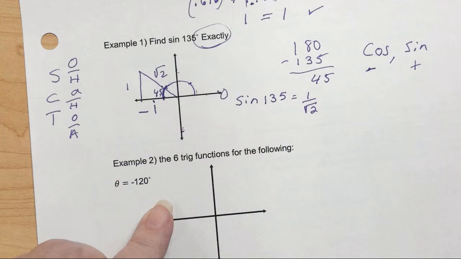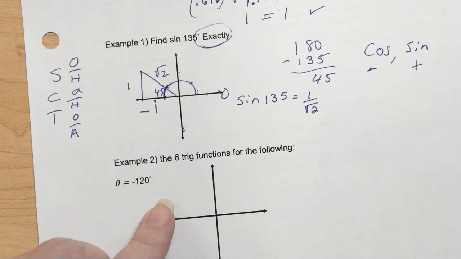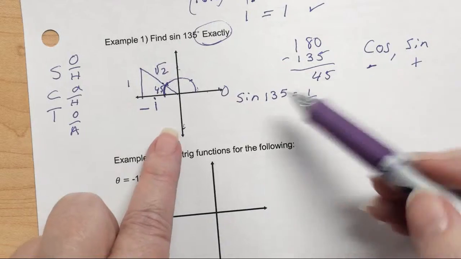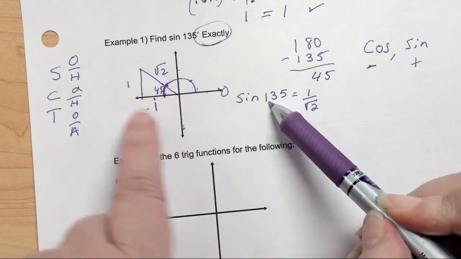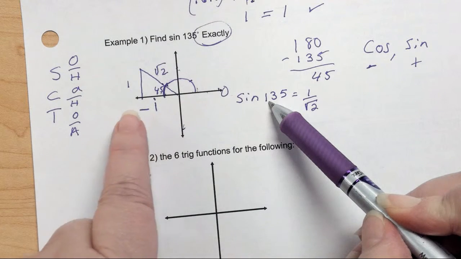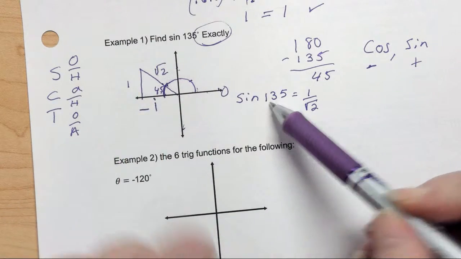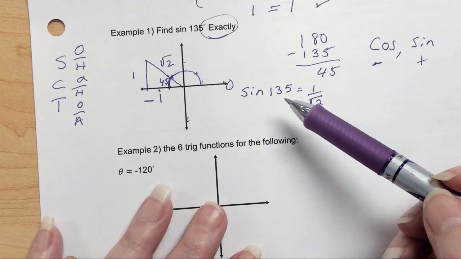Because it's a reference triangle, it's not necessarily the same. Maybe I should ask you about this after. Yeah, we can talk more. But we are still finding the sine of 135, because where it is in the quadrant tells us if it's positive or negative on our sides.